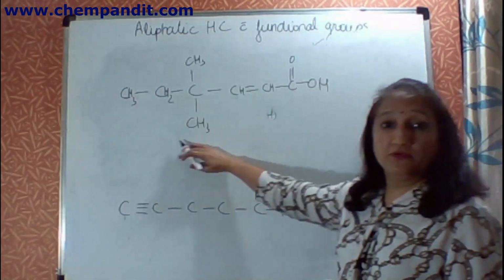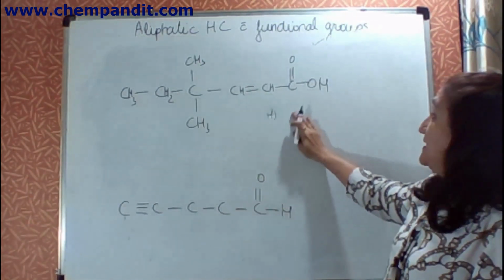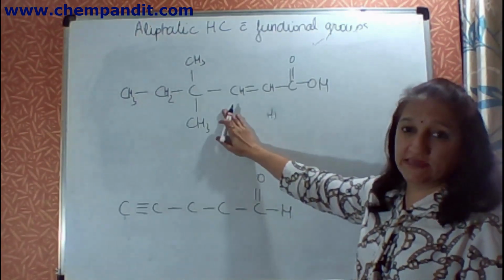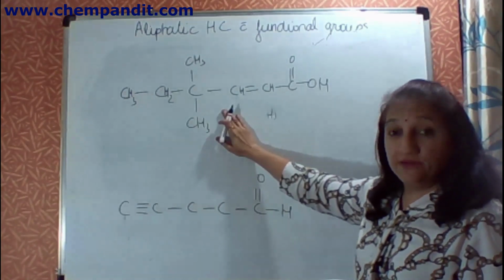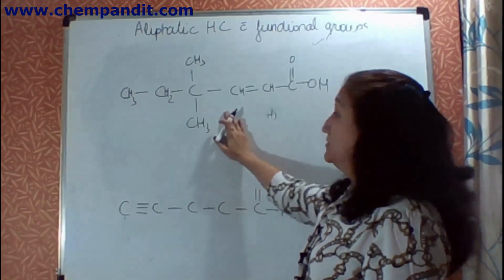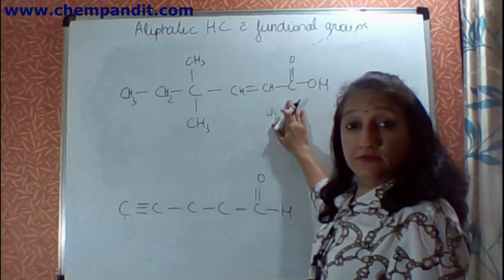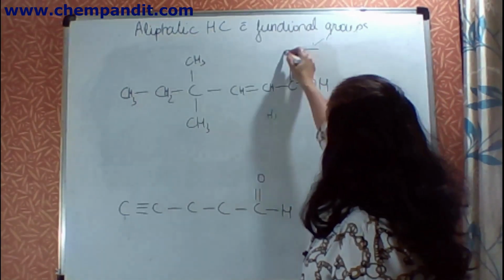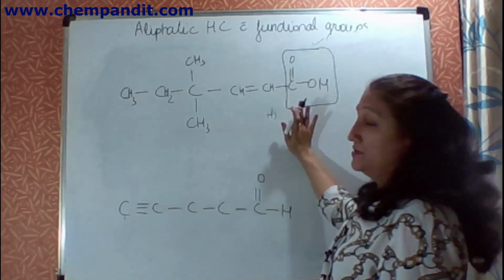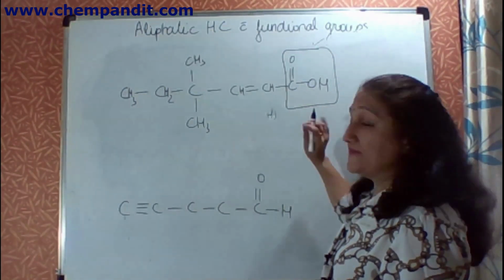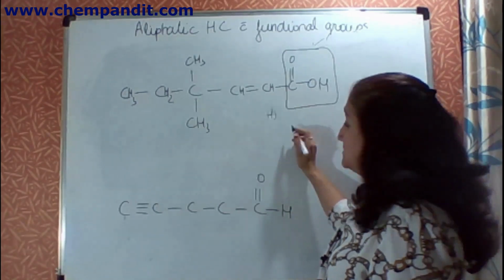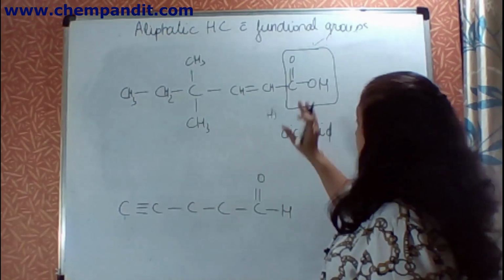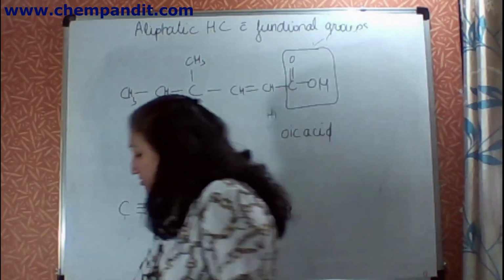Let's practice some more questions. Suppose this is a compound. Now this compound contains a functional group, a double bond, and methyl groups as substituents. Clear? In this compound, first of all we identify the primary functional group. Here only one functional group is present, the carboxylic group. Therefore, the secondary suffix will be oic acid. Right? Let's identify the longest carbon chain.